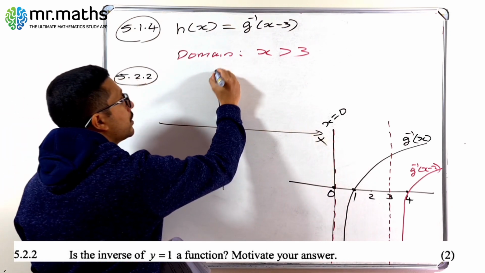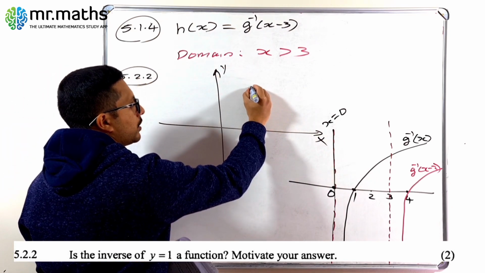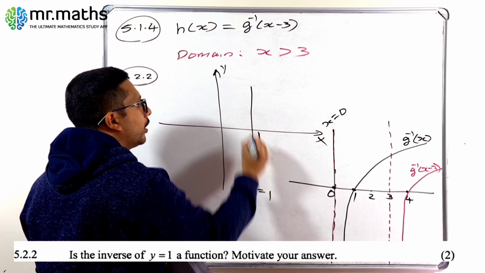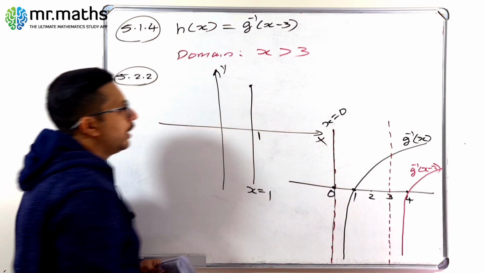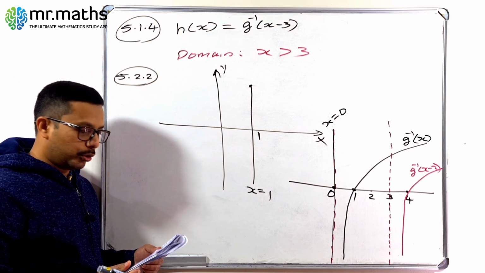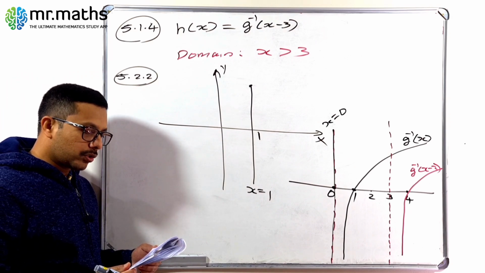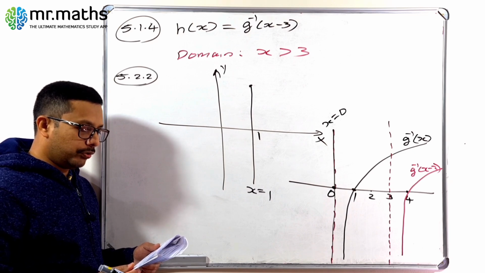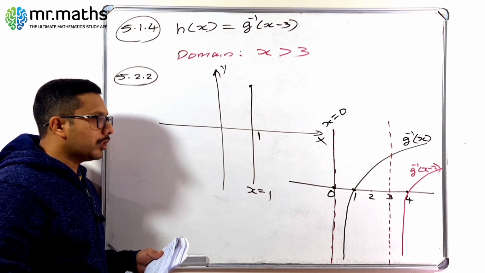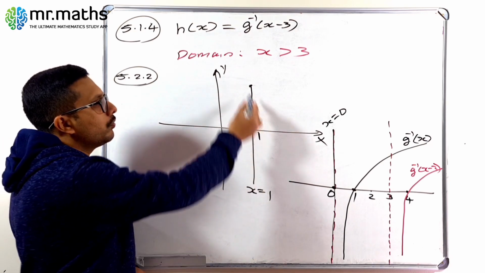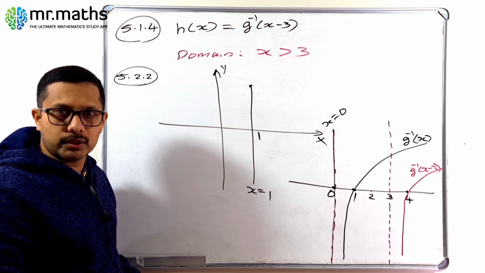This is the x-axis and this one is the y-axis, and this is the line x is equal to 1. The inverse of y is equal to 1 means x is equal to 1. Is x is equal to 1 a function or not?